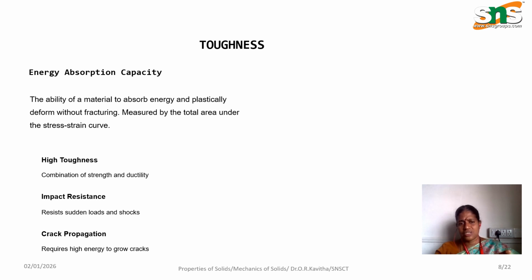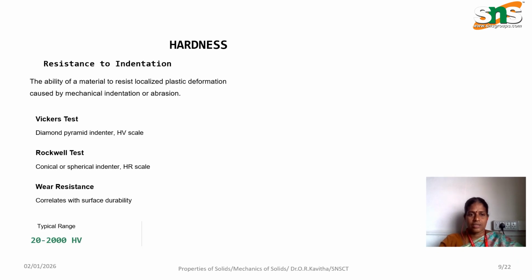And toughness. What is toughness? Whenever we apply load, the material will start to absorb some energy without any fracturing. We can measure this when drawing the stress strain graph: the area under the stress strain graph gives the toughness of the material.